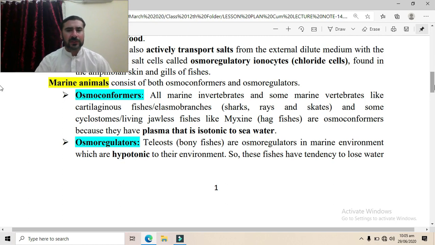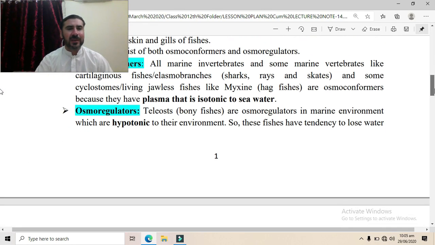Now we are going to study the second category of animals found in the marine environment, the osmoregulators. Teleost bony fishes are osmoregulators in marine environments, and they are hypotonic to their environment. Hypotonic means that they have less solute concentration as compared to the external environment.